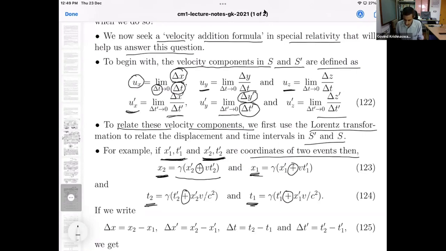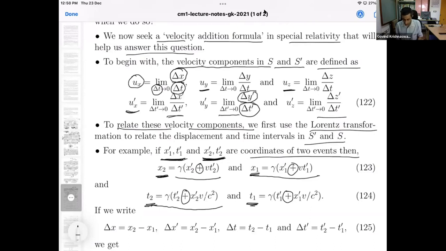In the same way, x1 is gamma times x1 prime plus vt1 prime. t2 is given by gamma times t2 prime plus x2 prime v by c squared. I invite you to write this formula yourself by starting with the Lorentz transformation.